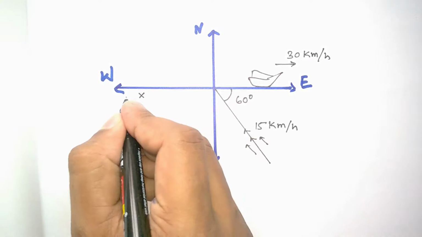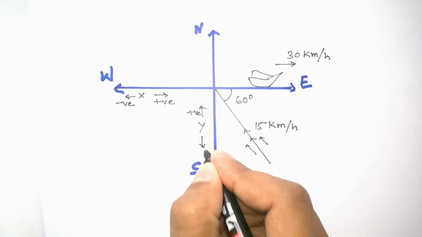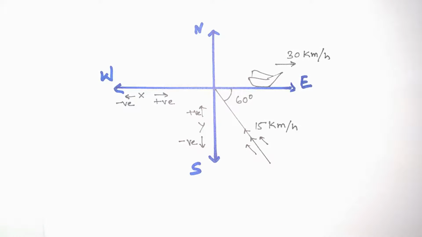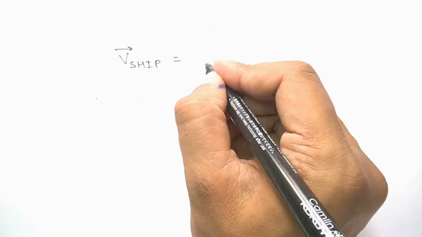For sign convention, the velocity is taken as negative towards west on x-axis and towards south on y-axis. The velocity of ship can be written in vector form as shown.